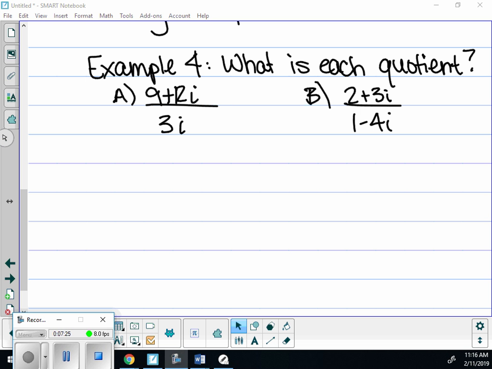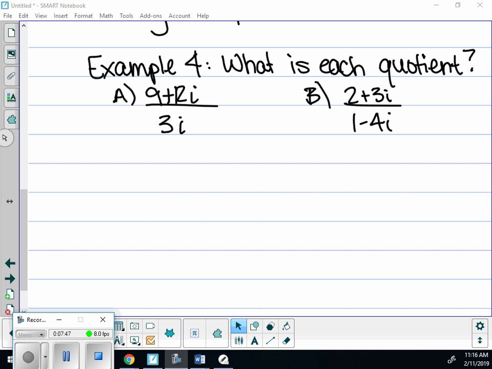So if there's an i here, an i really is a square root. So we cannot leave an i in the denominator of a fraction. So what we are going to do is multiply the top and bottom by something so that we can get rid of the i's in the denominator.